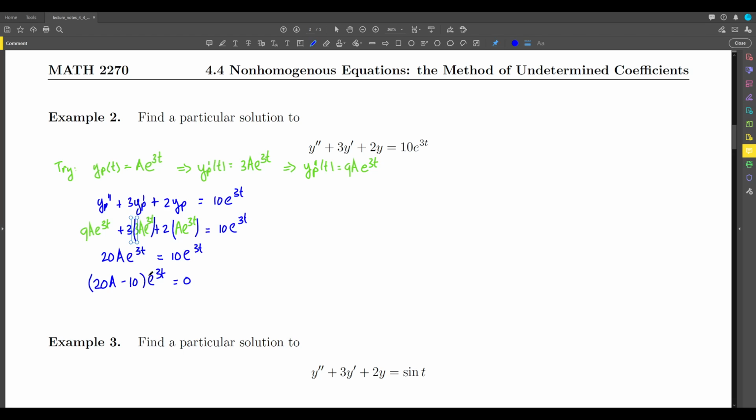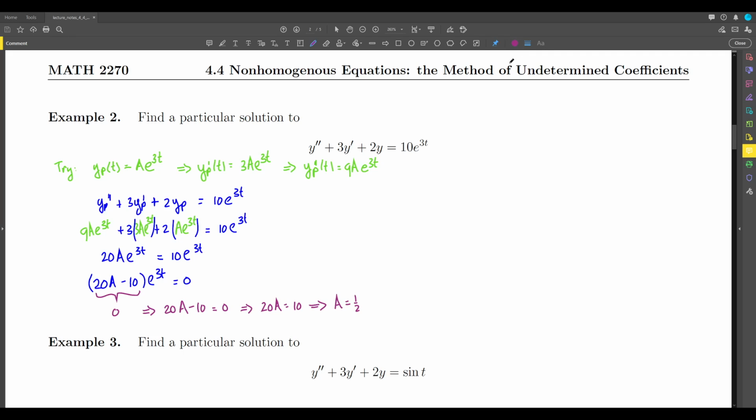Now, because t can vary, we must have that the coefficient in front of the e to the power 3t has to equal 0. So we have 20a minus 10 equals 0. Bring the 10 to the other side, divide by 20, and we see that a equals 1/2, and that seems to work.